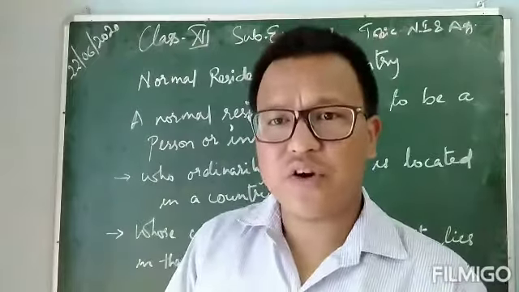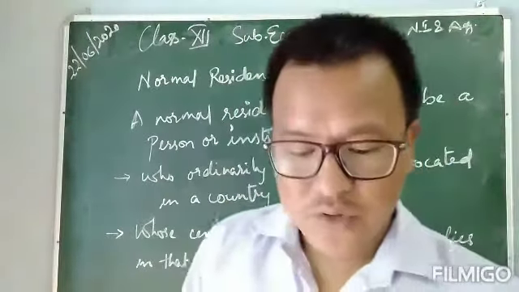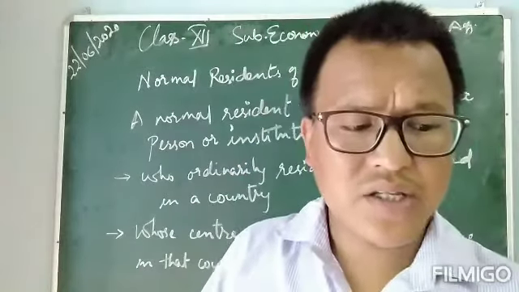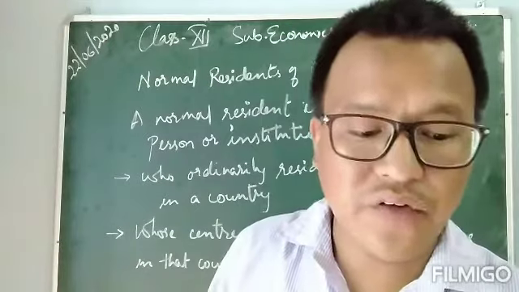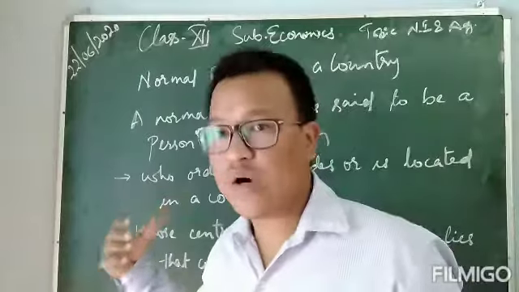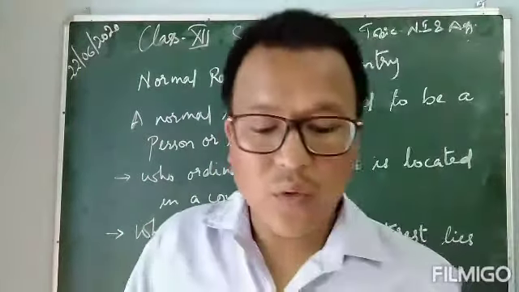So, examples of non-residents. What are the examples? These are called non-residents because they do not fulfill the criteria of center of economic interest as told earlier. So who are these?